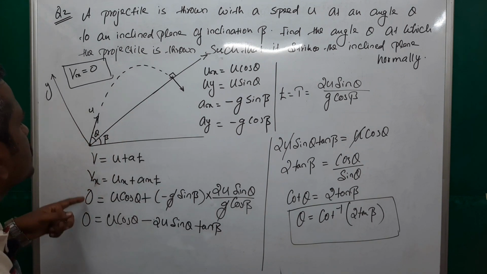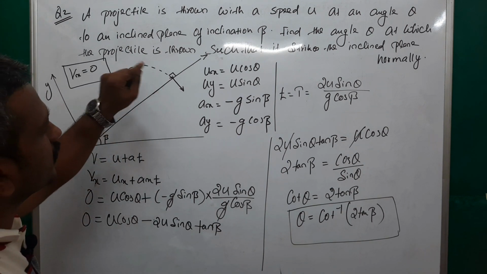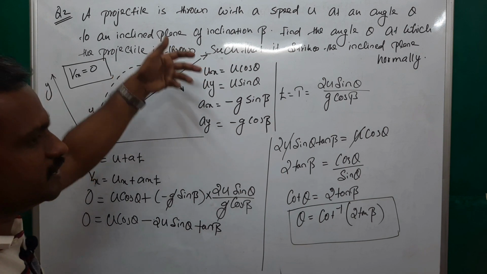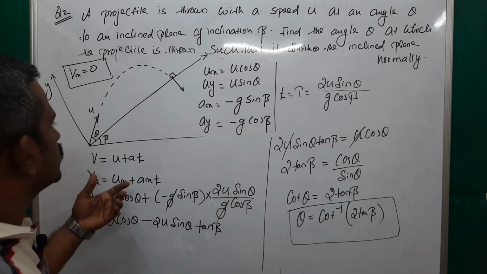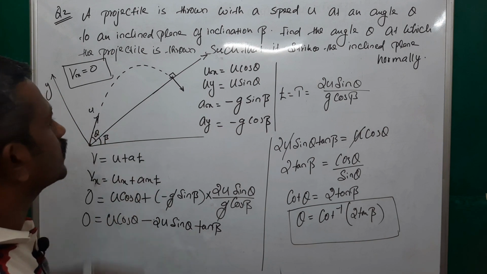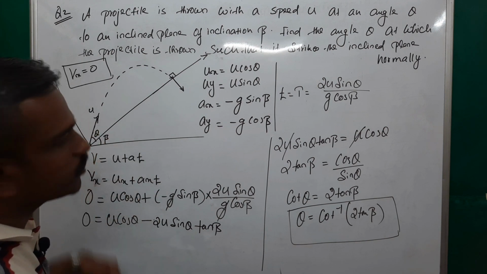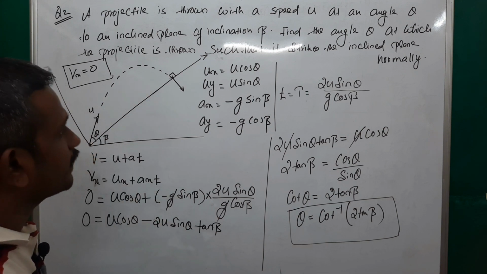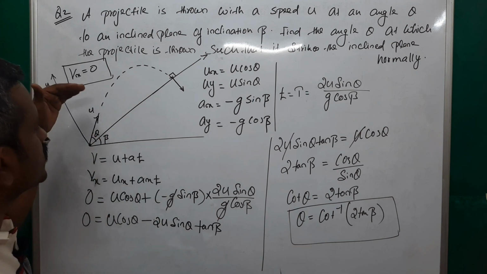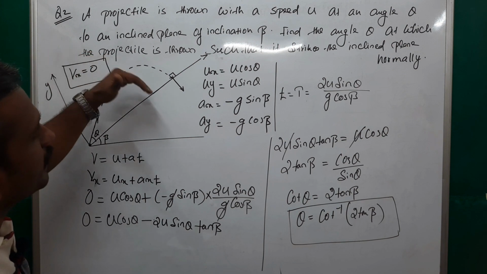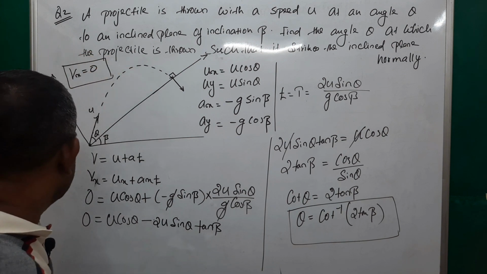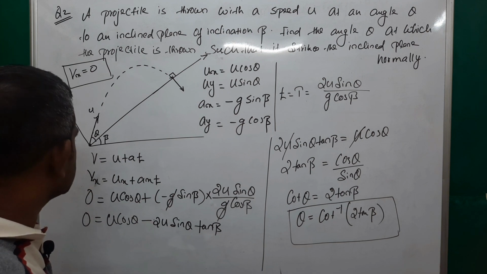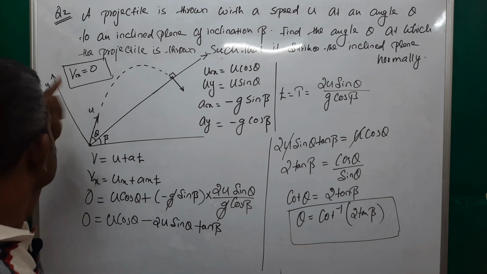When the projectile hits the inclined plane, it has a horizontal velocity and a vertical velocity, which means it won't hit normally. If the projectile wants to hit the inclined plane normally, the horizontal component of velocity must be 0, that is Vx equal to 0. That is the condition.